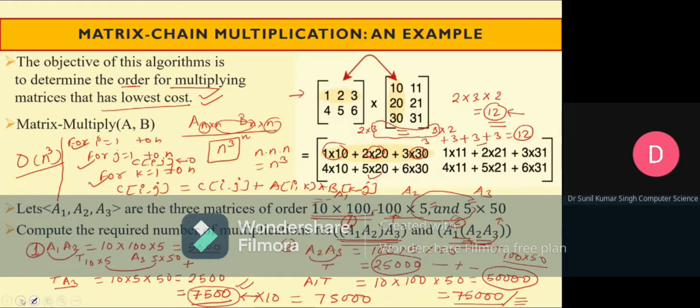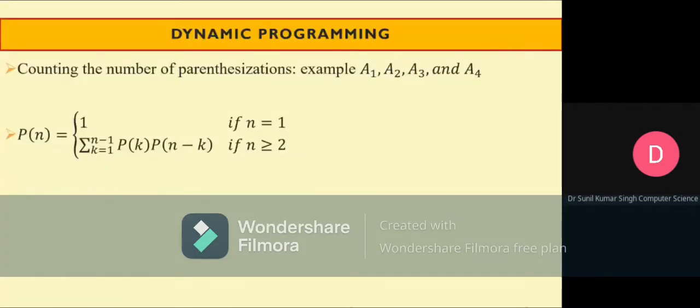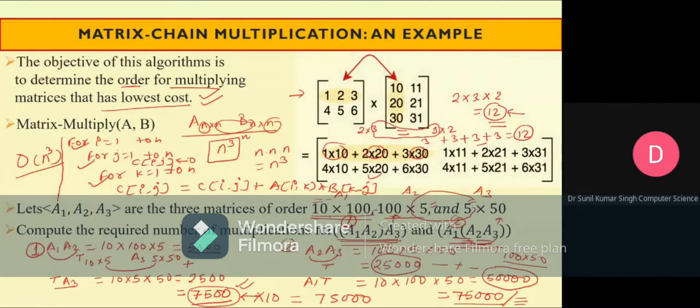Now let me discuss the matrix chain multiplication. Before discussing it, we have to find out how we can parenthesize. Look at here. We have parenthesized the matrices like this. We had 3 matrices. Now two ways of parenthesization are possible.